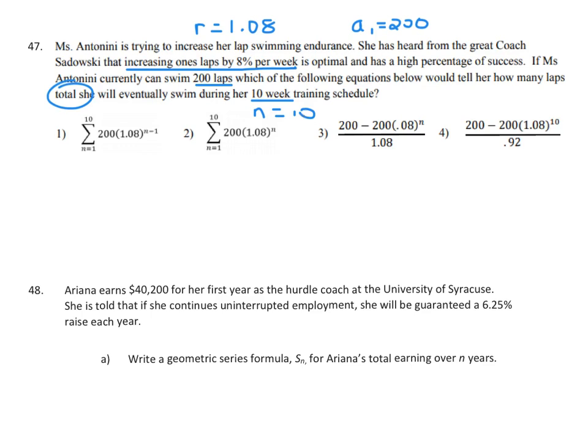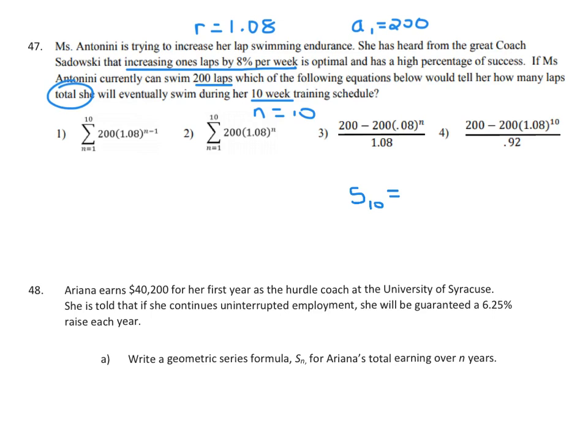Okay, so we have two different choices. We could write it in sigma notation, or we could write it using our geometric series formula. Okay, so I'm going to start with the formula we talked about in the last video. So we're going to see if choice 3 or 4 works first. So we know in that formula it's going to be the sum of the first n terms. So here since n is 10, it's going to be the sum of the first 10 terms.